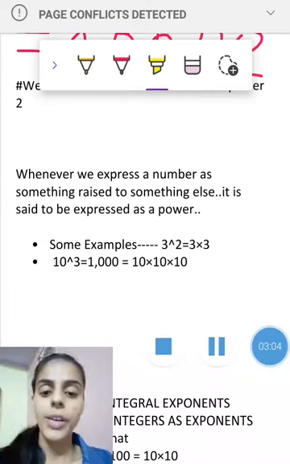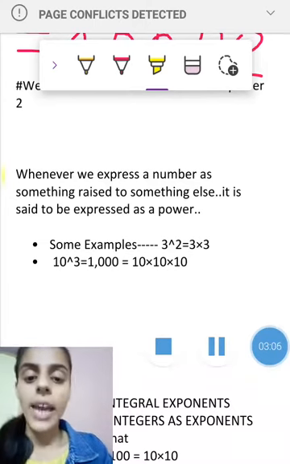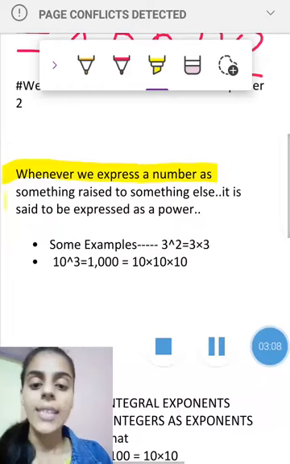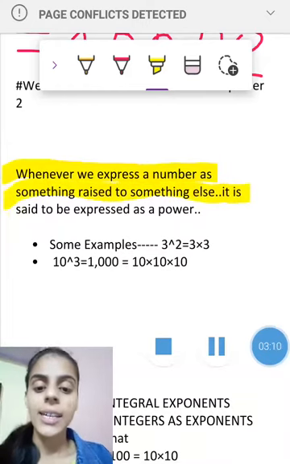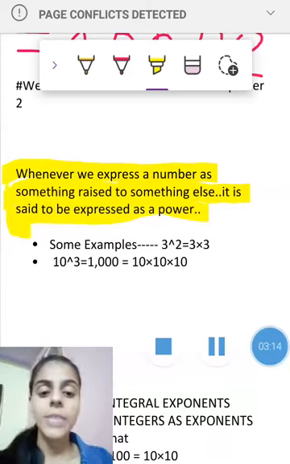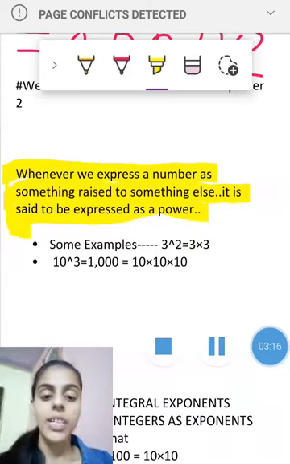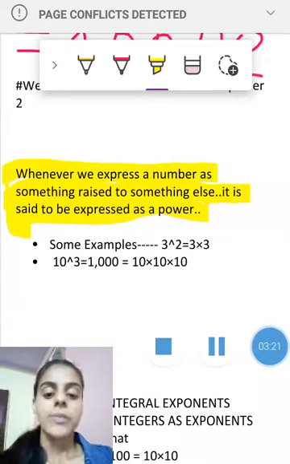definition of it: whenever we express a number as something raised to something else, it is said to be expressed as a power. So here are some examples also.